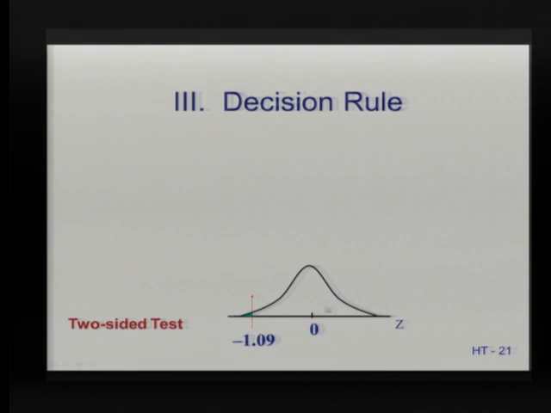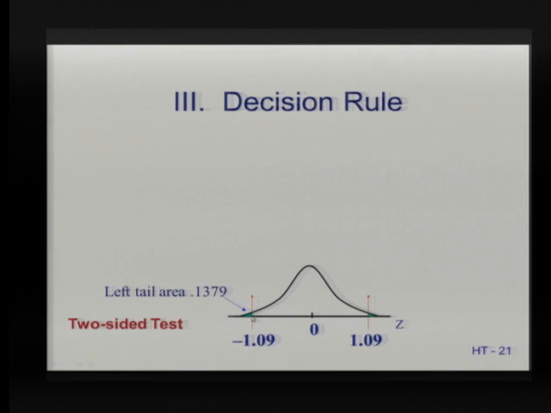In fact, this is a two-sided test. A number 1.09 has the same extremeness as negative 1.09, so you also consider the area to the right of 1.09. Combine these two tail areas, and that's the p-value.